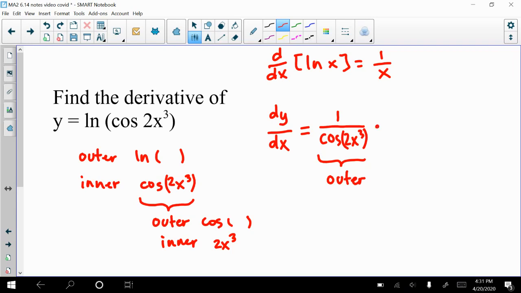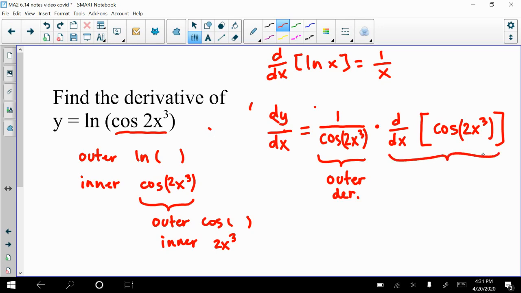Now we need to multiply that by the derivative. Remember, d dx means I'm going to take the derivative of the inside. The inside of this natural log function is cosine of 2x cubed, right? So remember the chain rule. The chain rule is the derivative of the outside times the derivative of the inside. So this is not just outer, this is outer derivative.